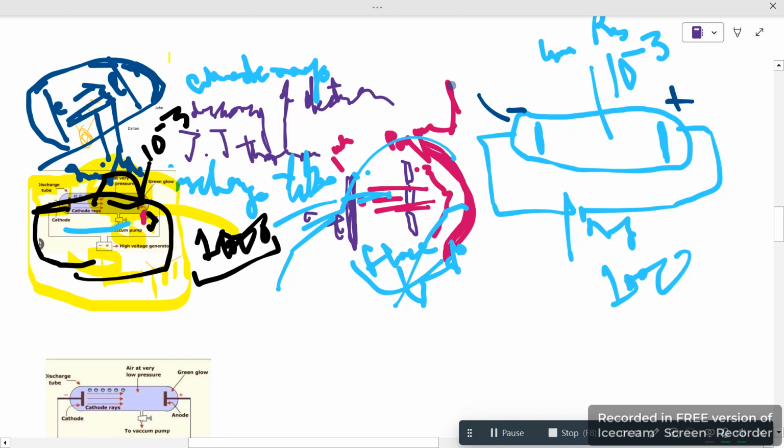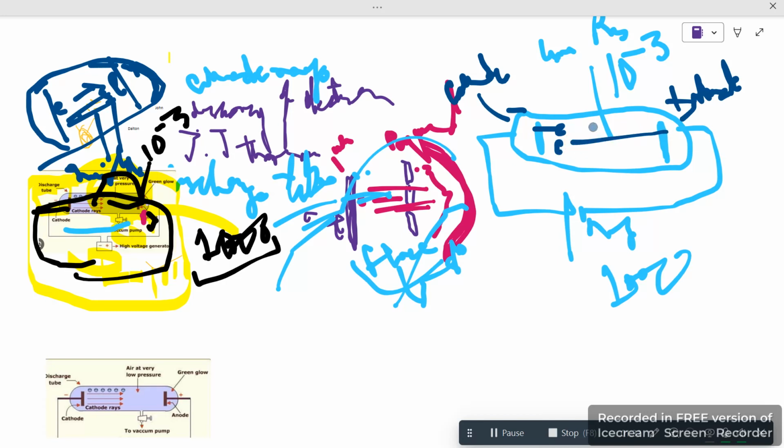So let me write, this is the cathode, this is the anode, and from here electrons go continuously and touch this part, and they find a light over here.